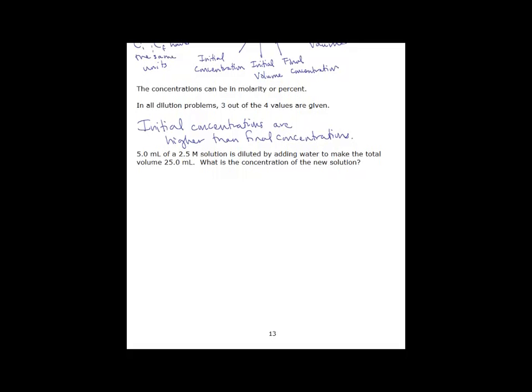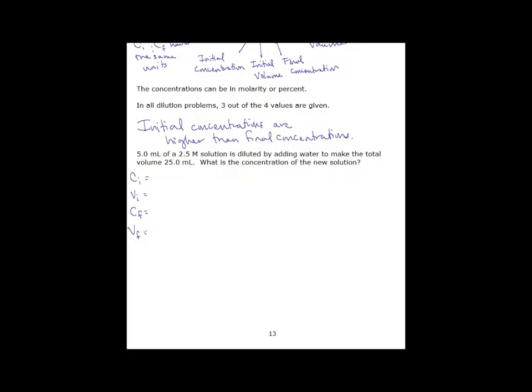What I recommend when solving these problems is to write a little table, so you can fill in what you know and then put a question mark for what you don't know.